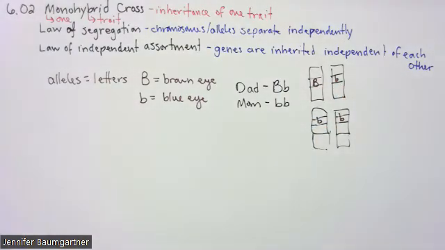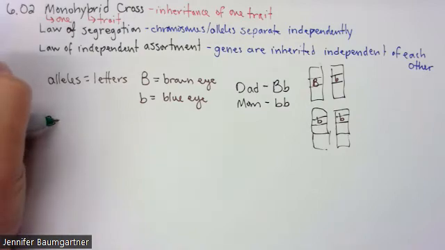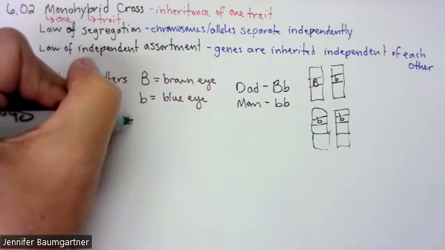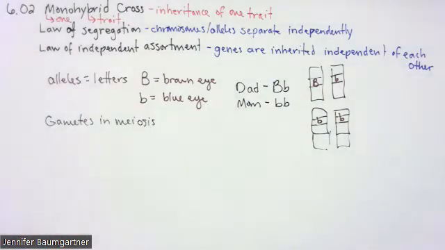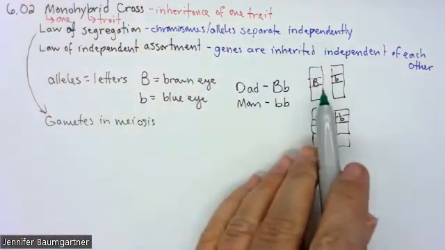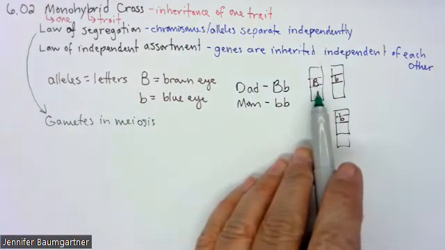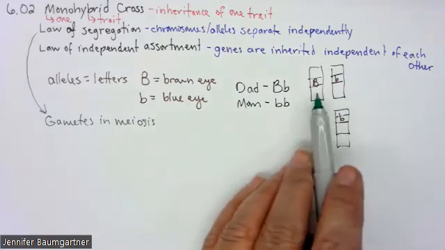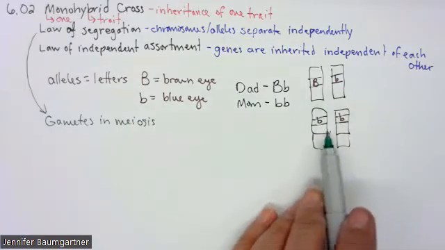Well, when we go to form gametes during meiosis, so remember we form gametes during meiosis, the law of segregation says that you're going to get one from mom and one from dad. And it's going to be completely random whether you get this one or this one, and whether you get this one or this one.